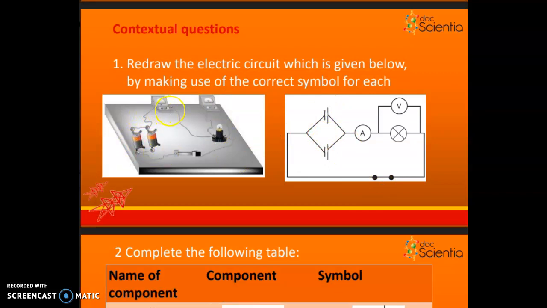Then it goes through the ammeter, and then it splits here to the light bulb and to the voltage meter, and it connects here, same wire. Then we go to the switch, and then back to the batteries. So battery cells, ammeter, there's a split. It goes to the voltage meter and then to the light bulb, and it comes together again, and then it goes to the switch there.